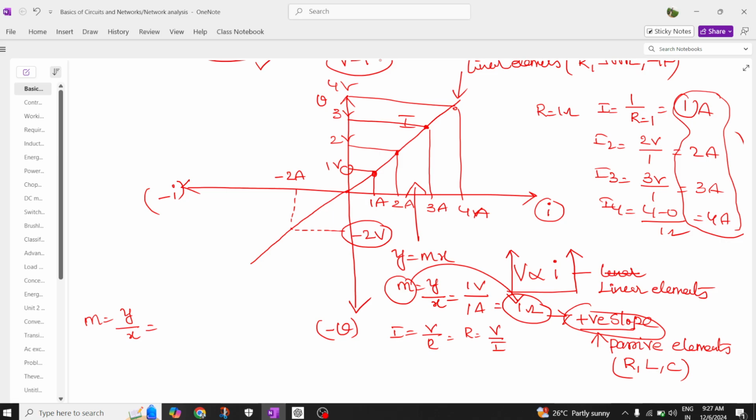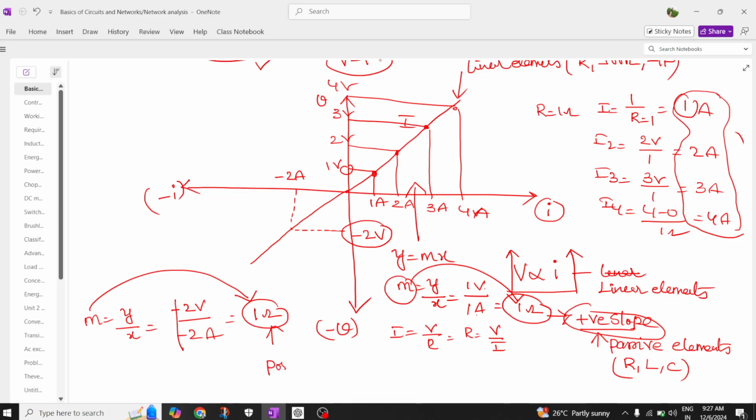So the y-axis is minus 2 volts, the x-axis is minus 2 amperes. So the minus 2 would cancel out. Voltage by current, we are going to call it 1 ohm. And you can see here the slope is 1. I can say here the slope is positive.